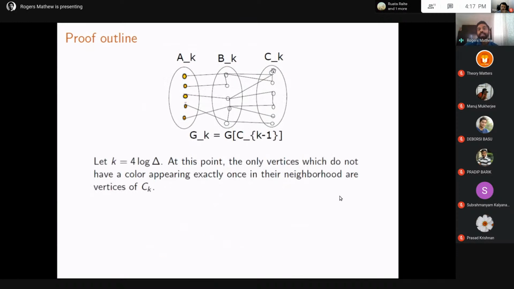So finally, when you reach the kth stage, every vertex in Ck has at least one neighbor in Bk, at least one neighbor in Bk minus 1, at least one neighbor in Bk minus 2, up to B0. I hope this is clear. I'm just repeatedly applying that second property. You can stop me, and I can explain it again if this is not clear.